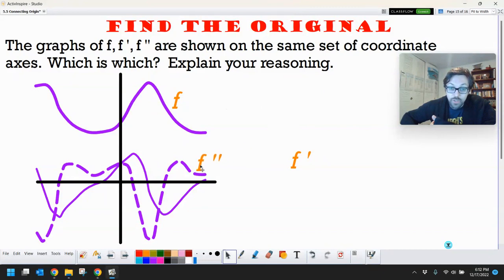So this dashed one should be the second derivative. And this one, just by process of elimination, must be the first derivative. And it does pretty much work out. This thing is decreasing right here, and that's the point where this thing shifts to a negative value. And then before that point, we've got all these positive values on the area where it's increasing.